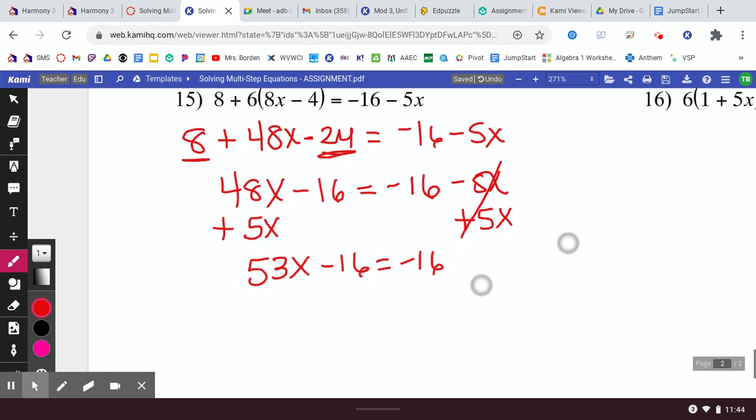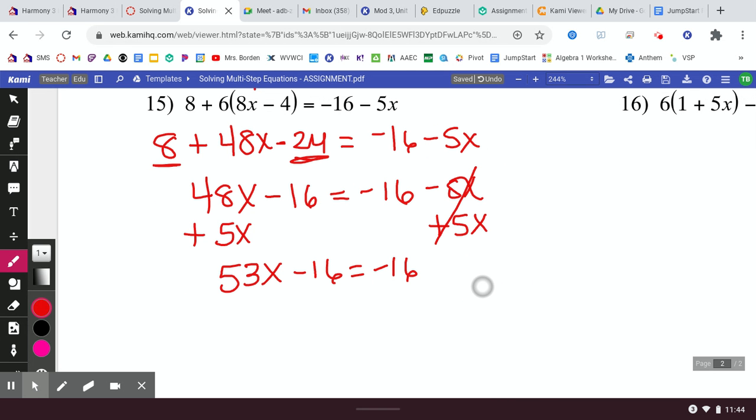And then what's next? We want to move that negative 16 from the left. We want to get it away from the x. So how are we going to move that over? No, it would have to be attached by multiplication if we want to divide it.